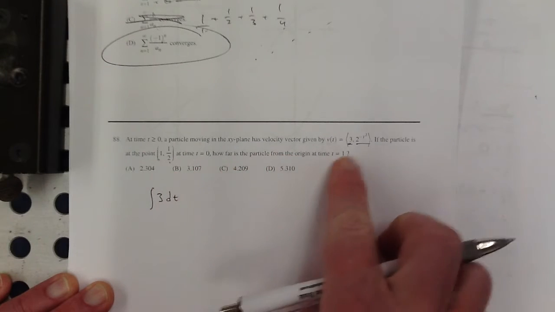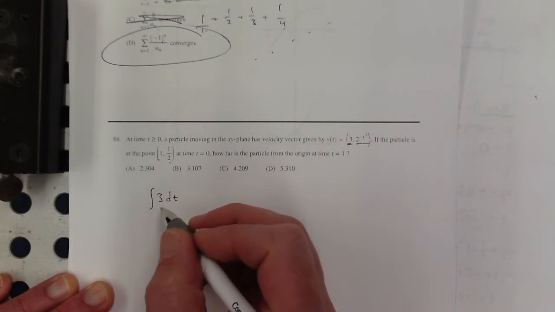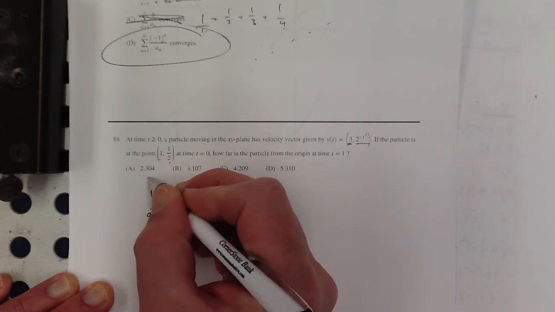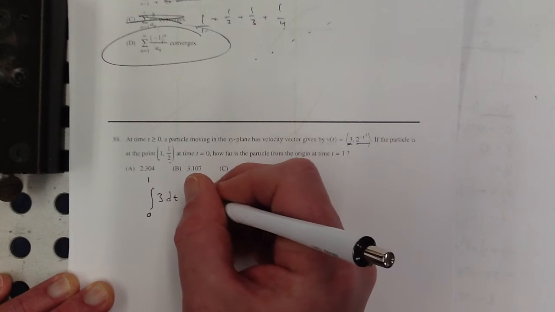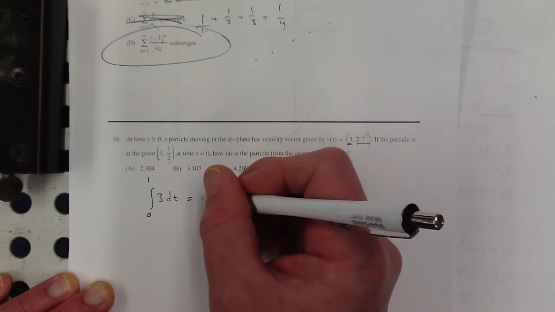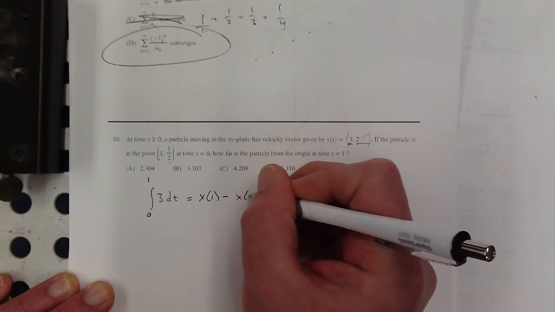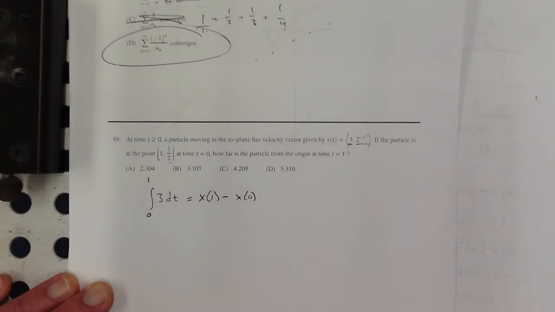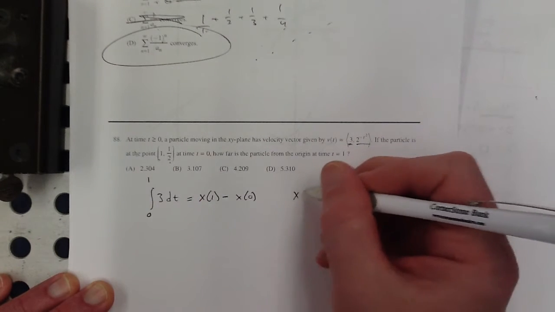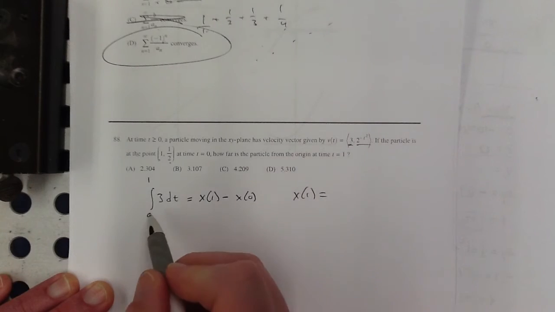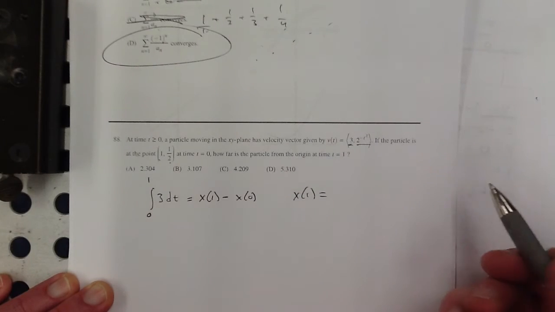And to do that, I'm going to use the fundamental theorem of calculus from 0 to 1, because I know that that's the position at 1 minus the position at 0. And I know the position at 0. It's there. So x at 1 is equal to, this is just a 1 by 3 rectangle, right?